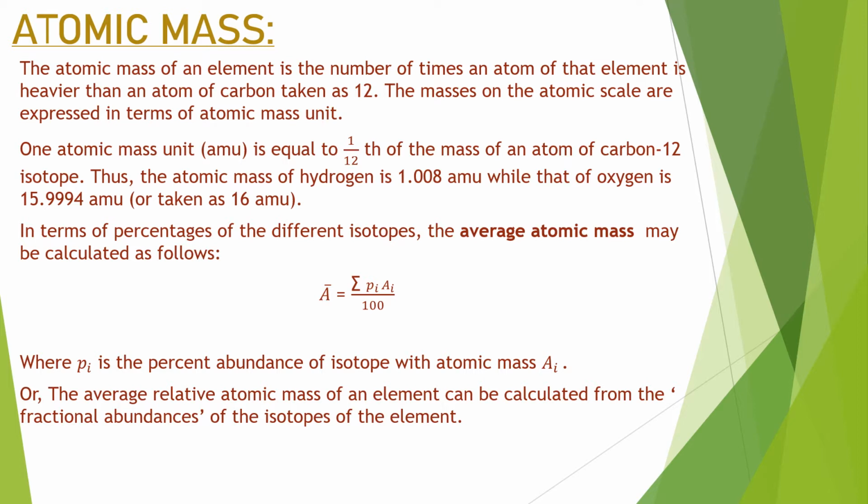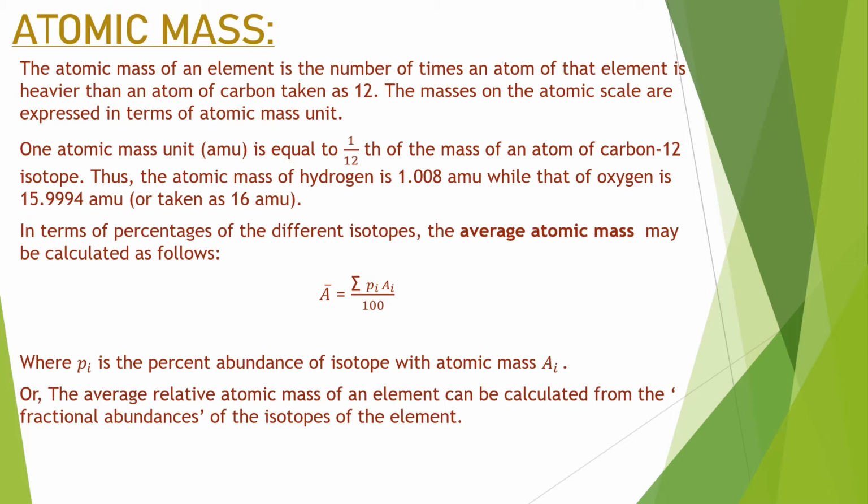Hence, the atomic mass of an element is the number of times an atom of that element is heavier than an atom of carbon, taken as 12. So the masses on the atomic scale are expressed in terms of atomic mass unit, that is AMU.